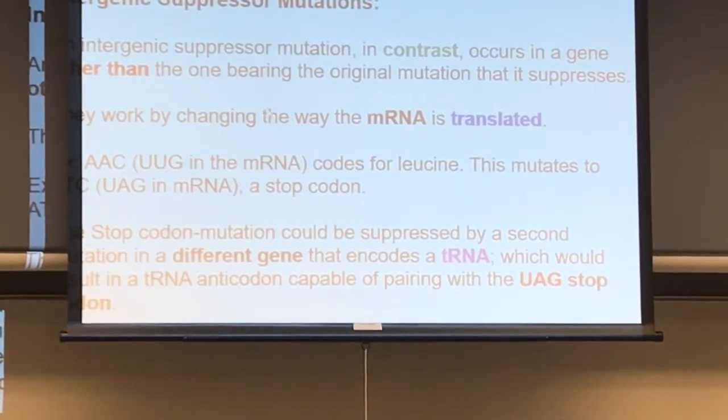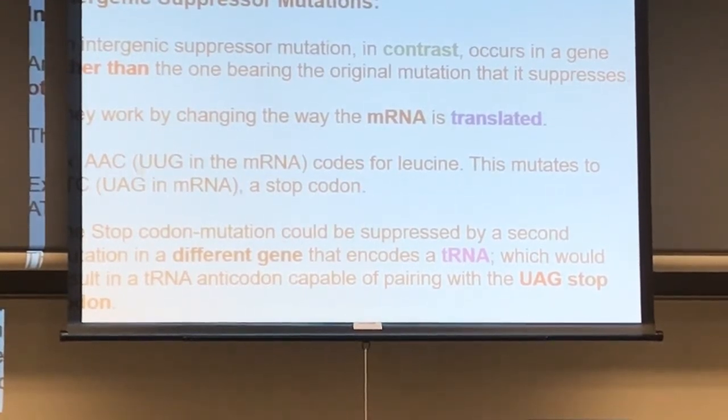So look at this here. They work by changing the way the messenger RNA is translated. Example, AAC, which is actually the messenger RNA, codes for leucine. This mutates to ATC, which is a stop codon, right?